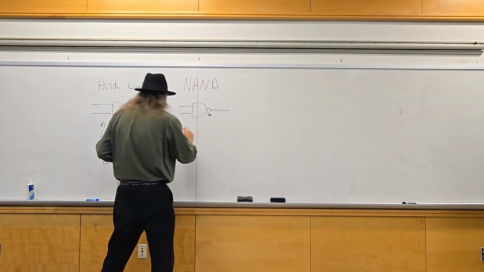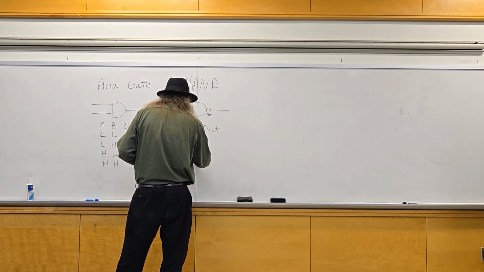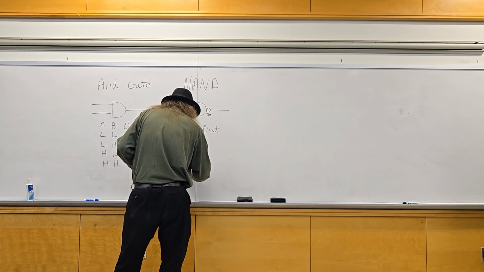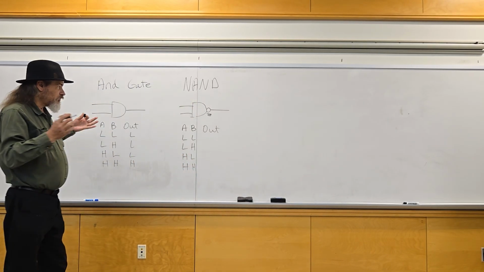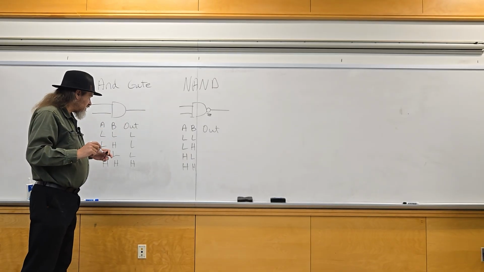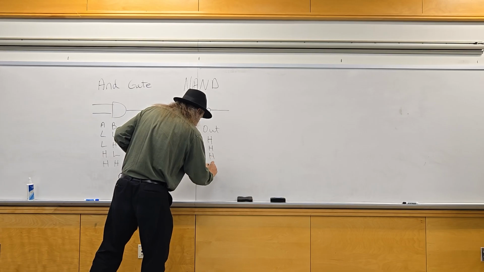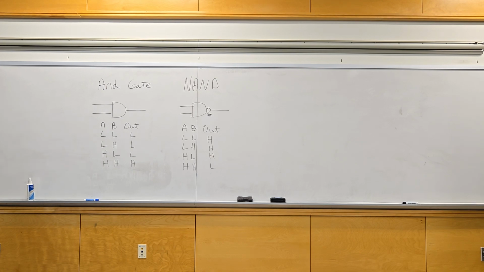The NAND gate is just the opposite of that, because the output is inverted, because it has that little bubble. So it's high, high, high, and low when both inputs are high. Now the second question.